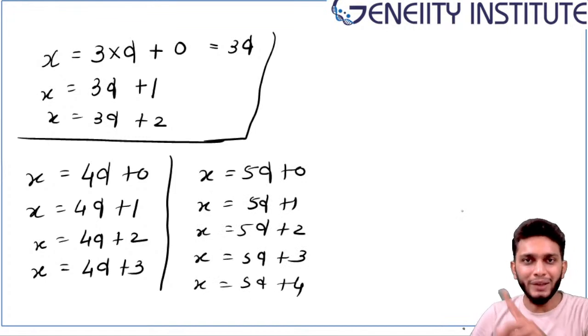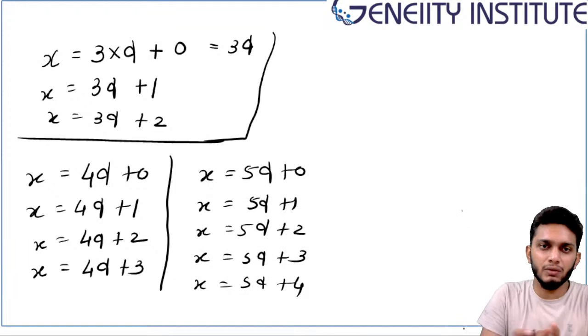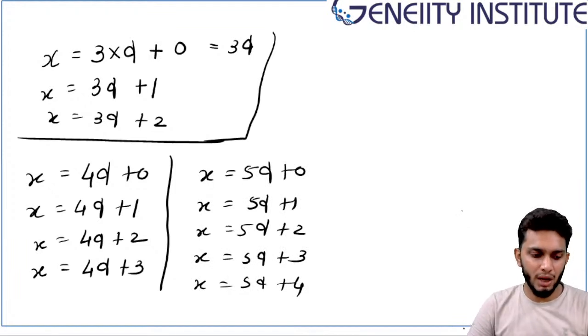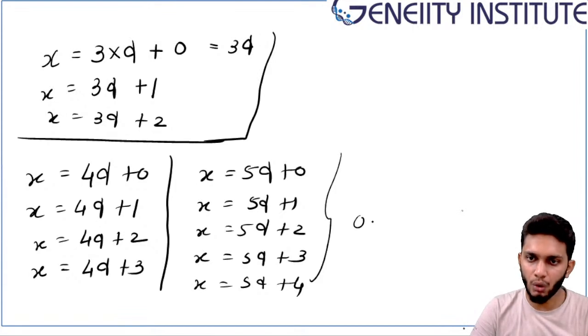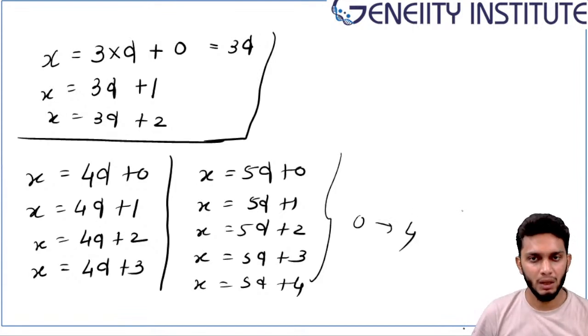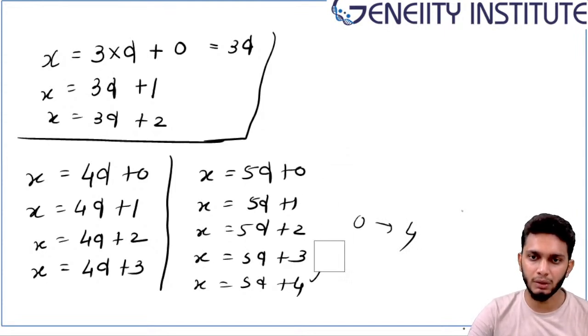Why? When you divide any number by 5, at that time you will get remainder 0 to 4 only. Okay.